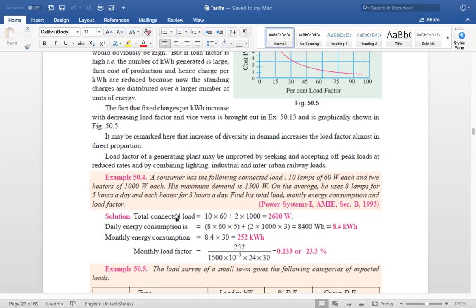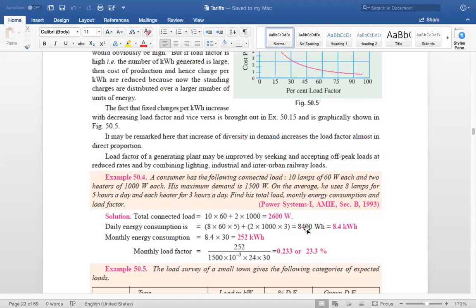So the total connected load will be 10 times 60 plus 2 times 1000, which is 2600 watt. Now the daily energy consumption was 8 times 60 for 5 hours plus 2 times 1000 for 3 hours, which gives us 8,400 watt hours.